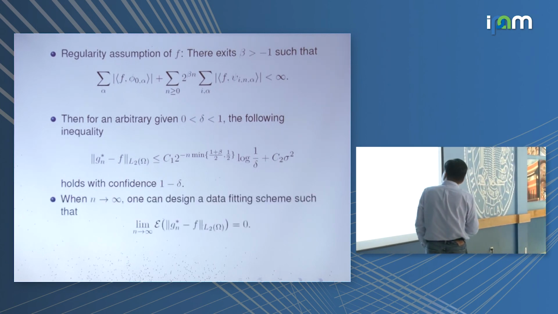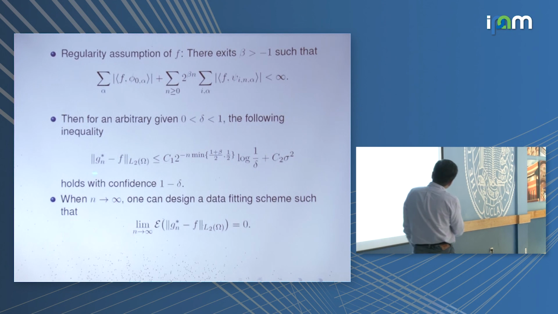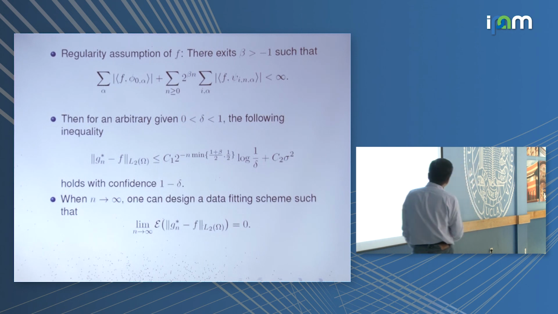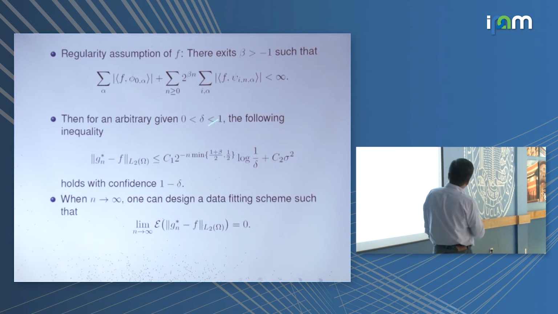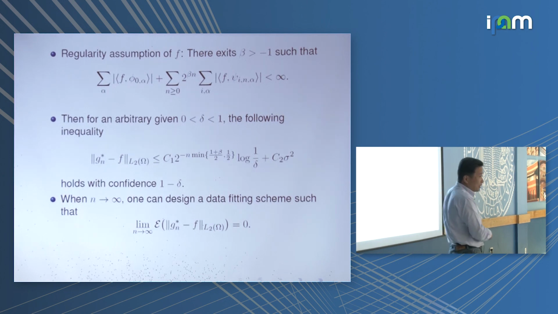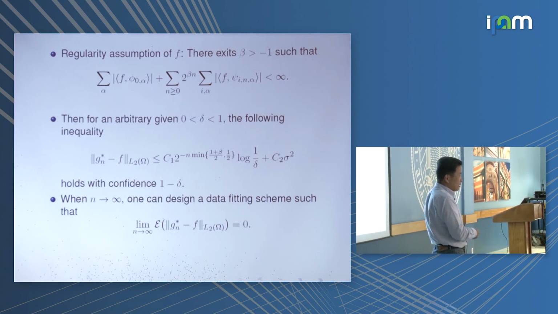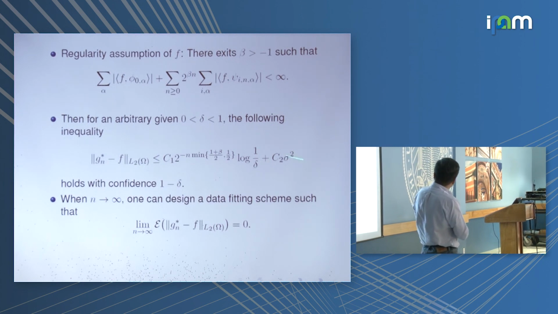G minus F has this error estimate, with confidence delta, which means the probability is 1 minus delta. If your data is not randomly given in the points, or the noise is fixed or a deterministic error, you can have a more deterministic kind of estimate.